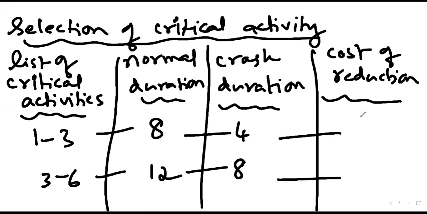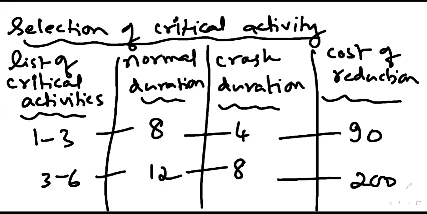Cost of production 90, 90, 200. These are the list of critical activities and their cost.